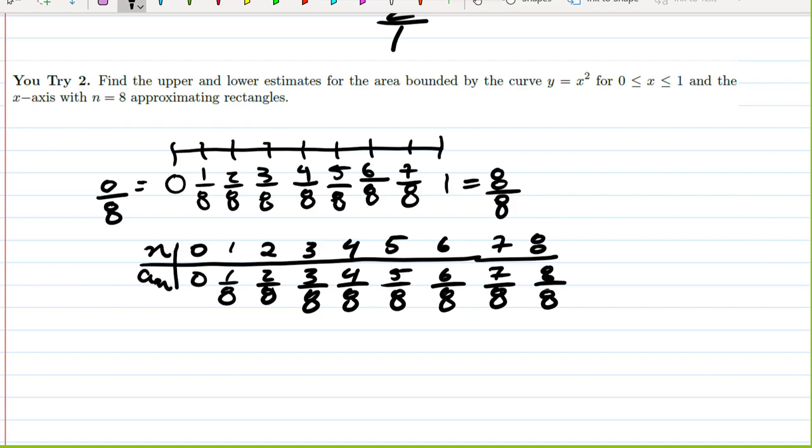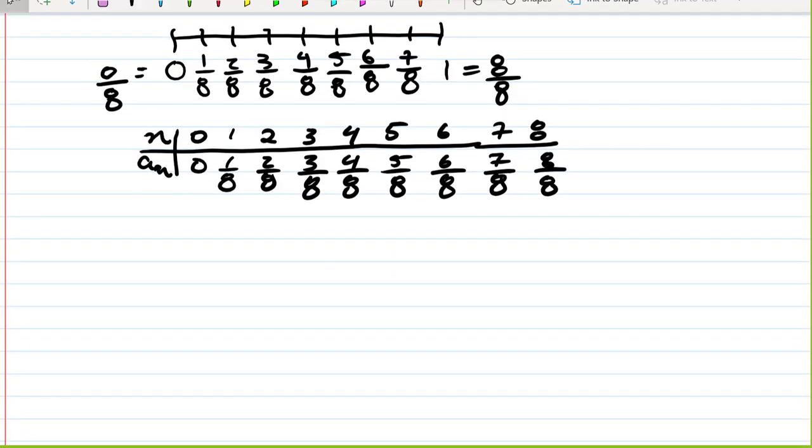So in terms of a sequence, it looks like our denominator always stays constant at 8, and our numerator is increasing by 1 every time, so it's going to be n over 8. If I put in n equals 0, 0 divided by 8 gives us 0. If I put in n equals 1, 1 over 8 gives us 1/8, and so forth.